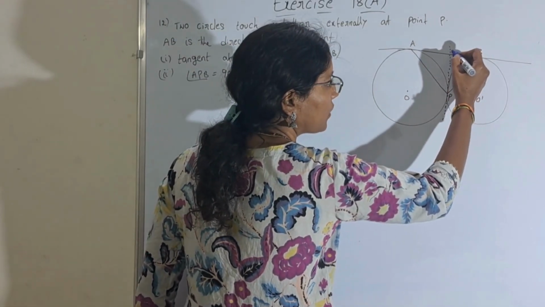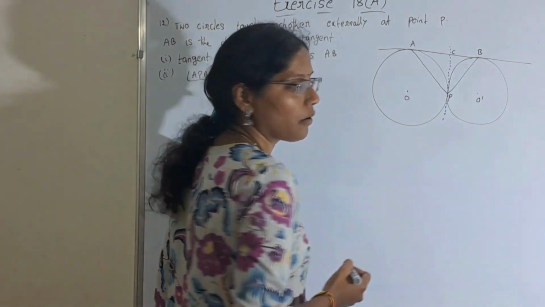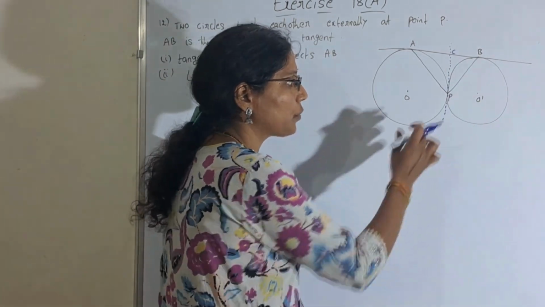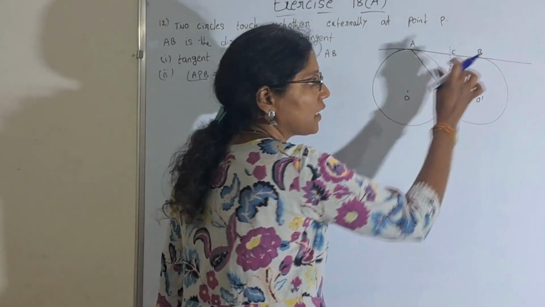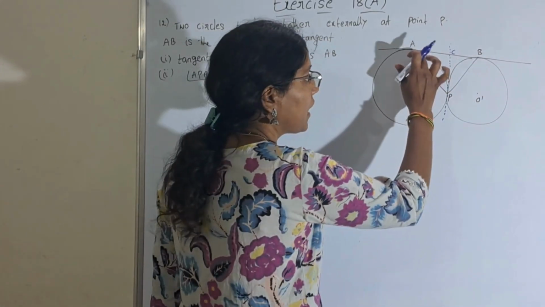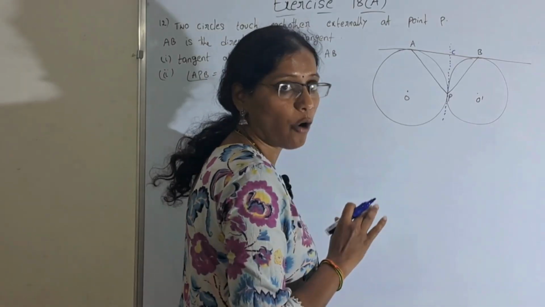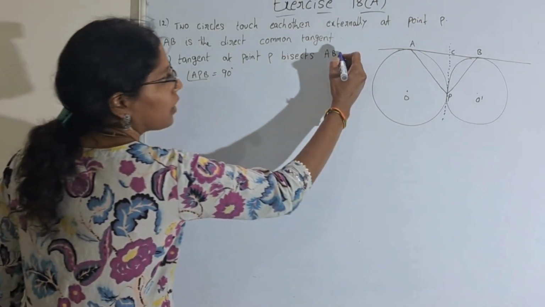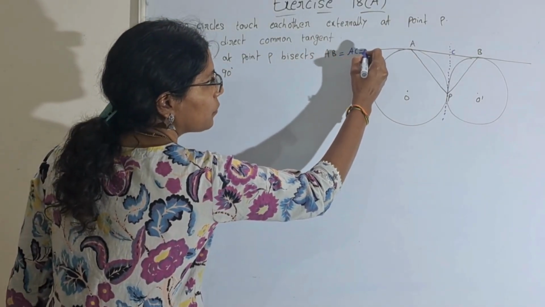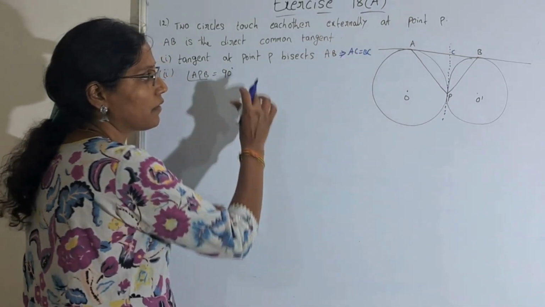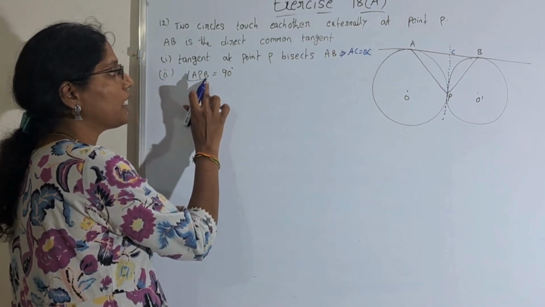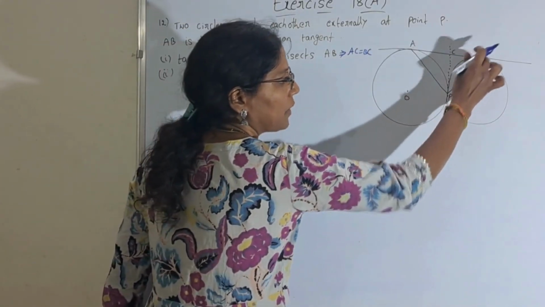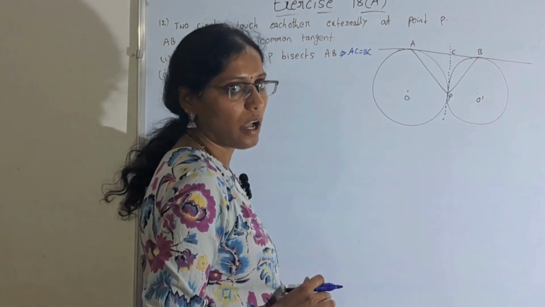Some letter we have to take, some C letter we have to take. Now what we have to prove? Here PC is bisecting AB. That means AC is equal to BC we have to prove. First condition. Next condition, angle APB. This full angle is 90 degrees we have to prove.